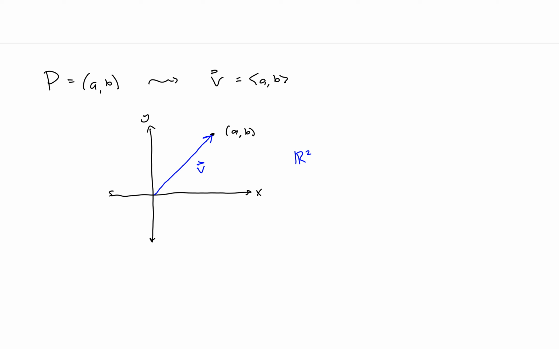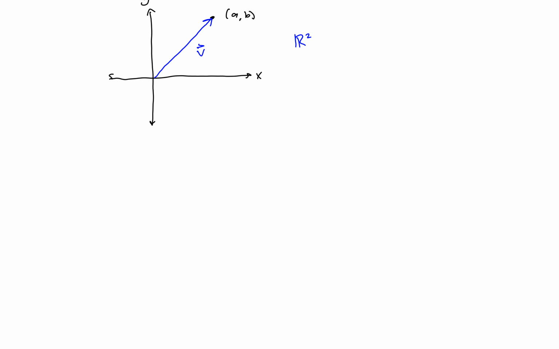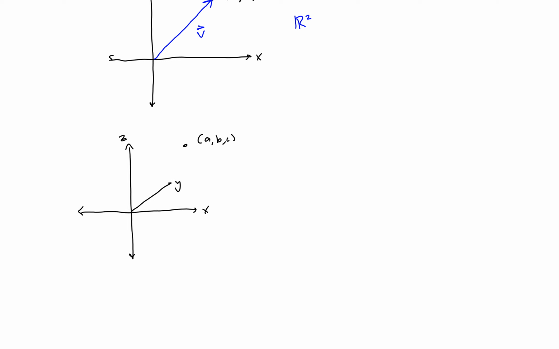So now let's go ahead and see what's happening in 3 space. For a vector in 3 space, now we have 3 components to deal with. So now think of putting a point (a, b, c) here, and our vector going out from the origin to this point, V. Now we're a in the i direction, b in the j direction, but we need a third direction here.